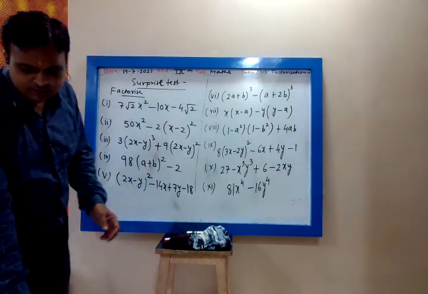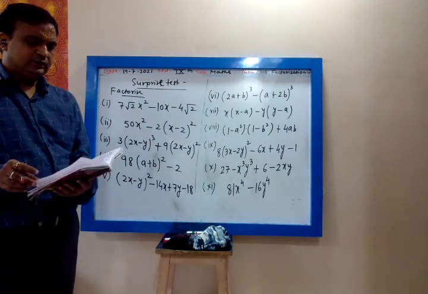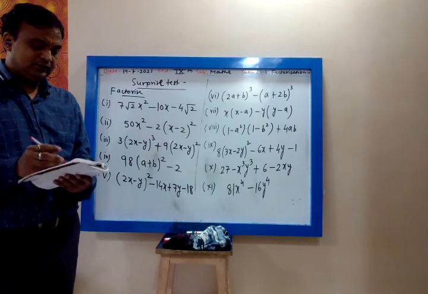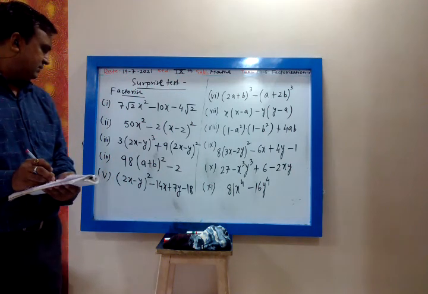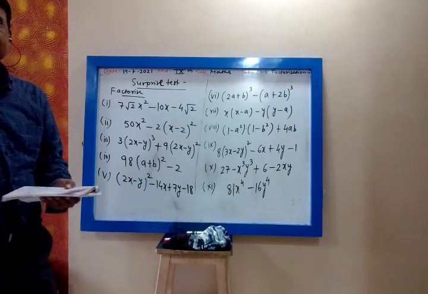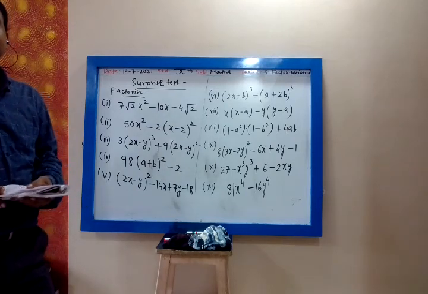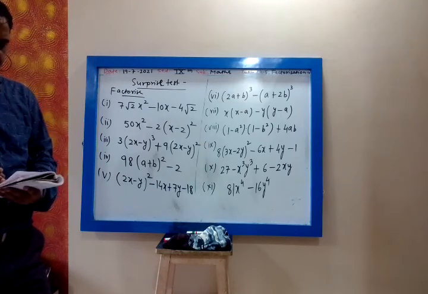So what is your name, roll number? What is your name and roll number? 9th B19. How many problems you solved? 5 out of 11. Okay. Anybody else is there who has solved any one? 1, 2, 3? What is your roll number?